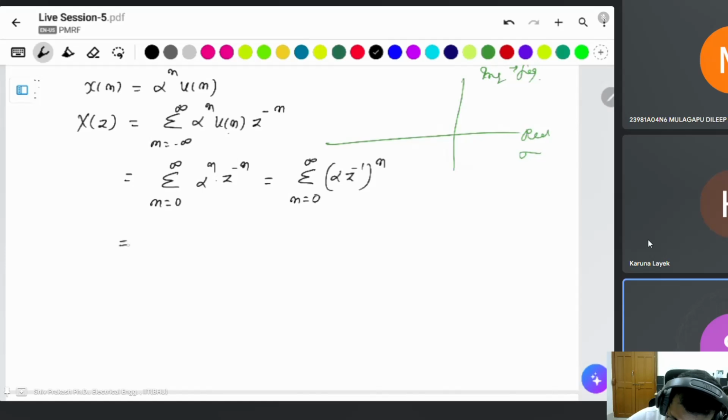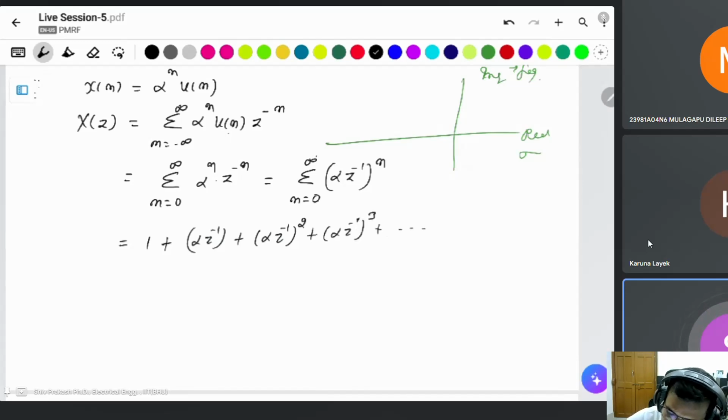Then expand this one. You put the 0, something power 0 is 1, plus alpha z inverse, plus (alpha z inverse) power 2, plus (alpha z inverse) power 3, dot dot to infinity, not n.